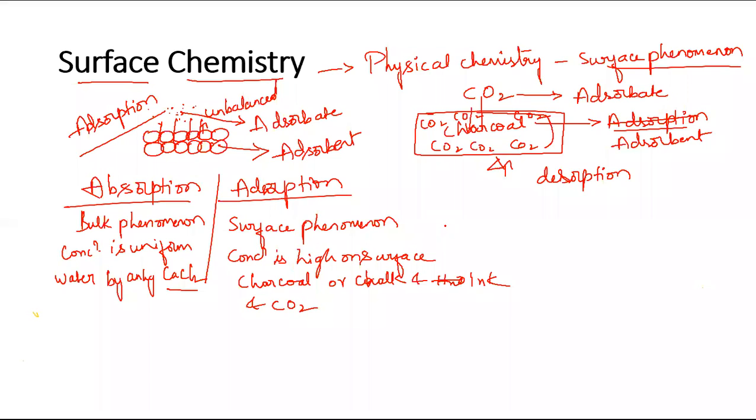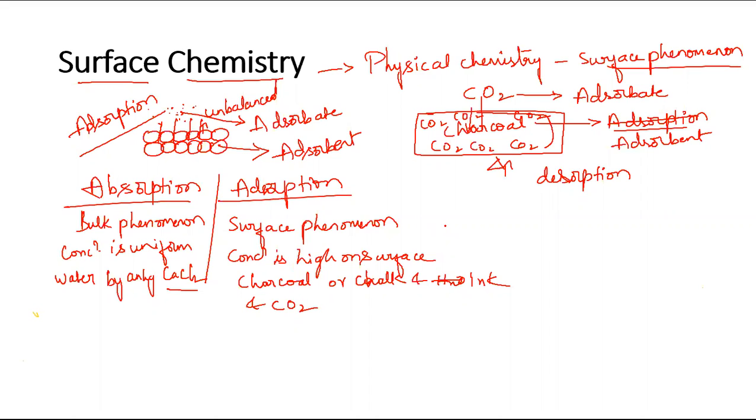So coming to the heat of adsorption or the extent of adsorption, during adsorption attractive forces develop between the adsorbent and adsorbate. This results in the release of energy. As active forces develop, as a result the energy release will be there.